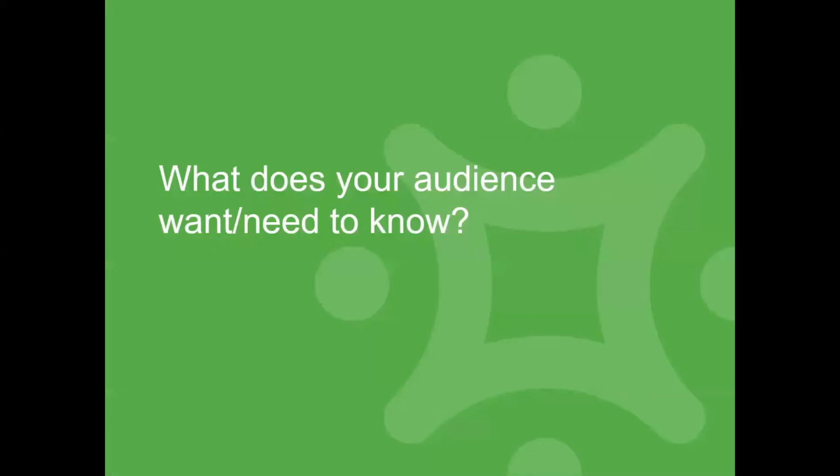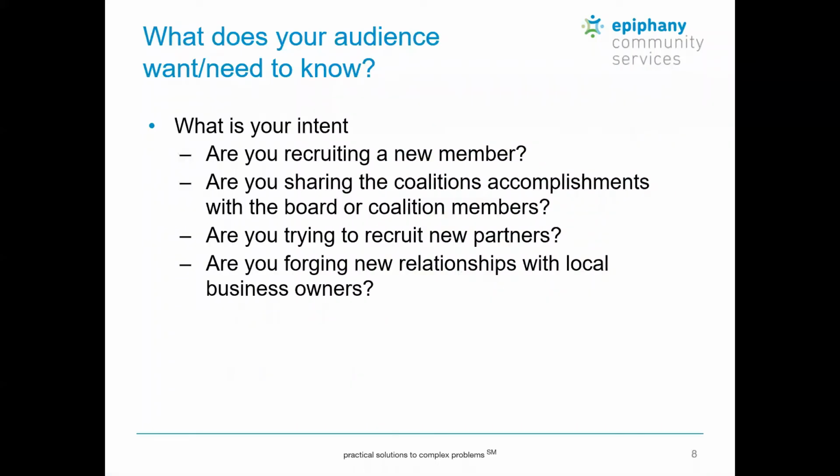Next, we need to know, okay, we know that we have our youth here, but what do they actually need to know? We talked about the youth: are we trying to recruit them? What do we need them to know that would get them to want to become a member? Are we trying to share the coalition's accomplishments with our board or coalition members?